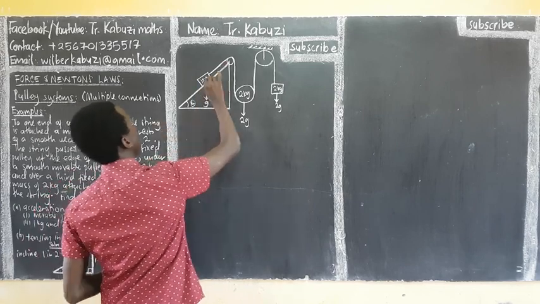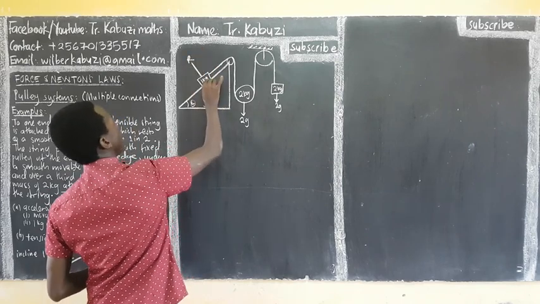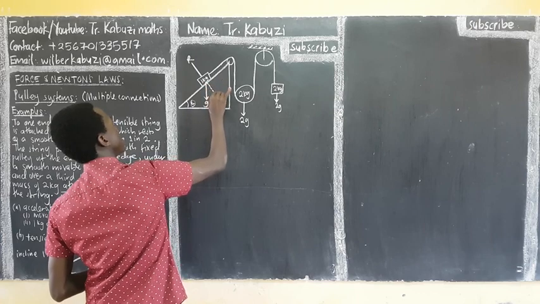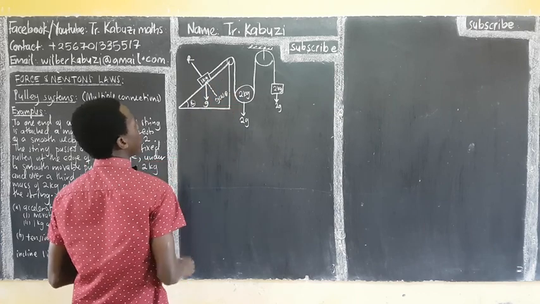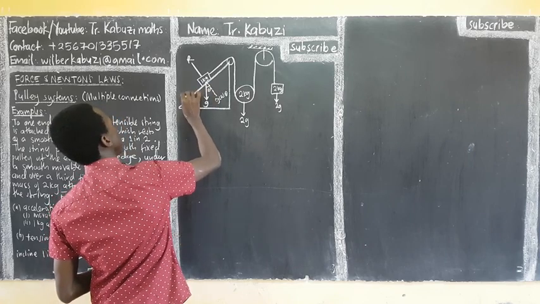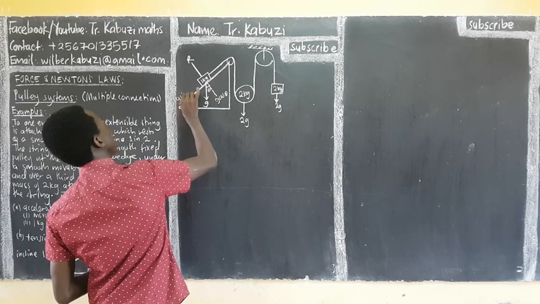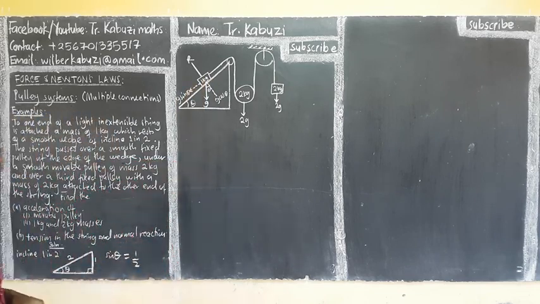Because this one is on an incline, we resolve it, and it's going to be having a reaction. If you have to resolve it, this one is going to be g cos theta, and because this is our theta there, this one is going to be g sin theta if you have to resolve it like that. Simple as that. So we have finished resolving that.